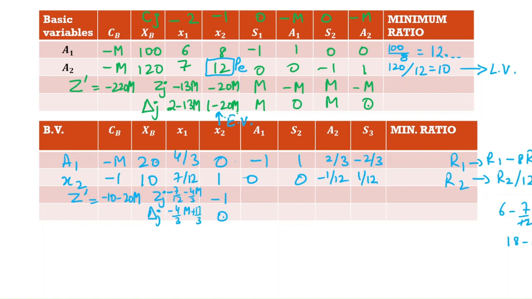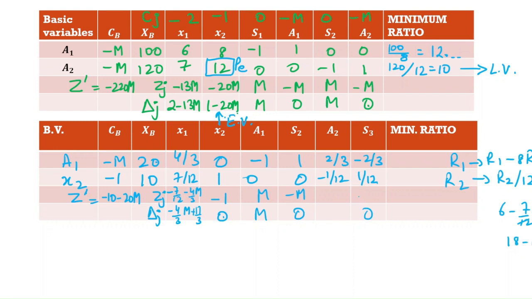So now this would be the entering variable, obviously, and this would be zj. Quickly I'll just write M minus M. This would be M, this is 0, this is again 0, this is the second artificial variable, which is of no use actually, but still if you want to calculate, you can calculate it.